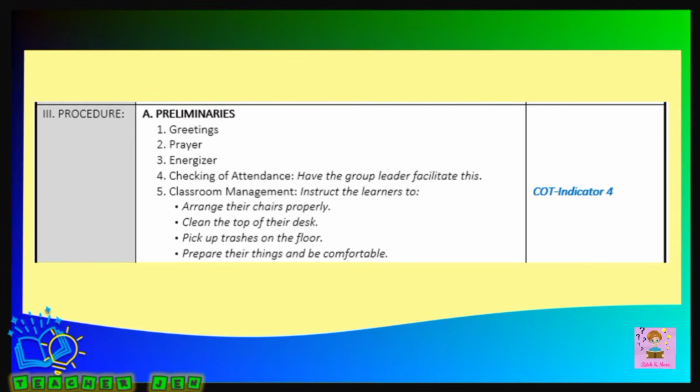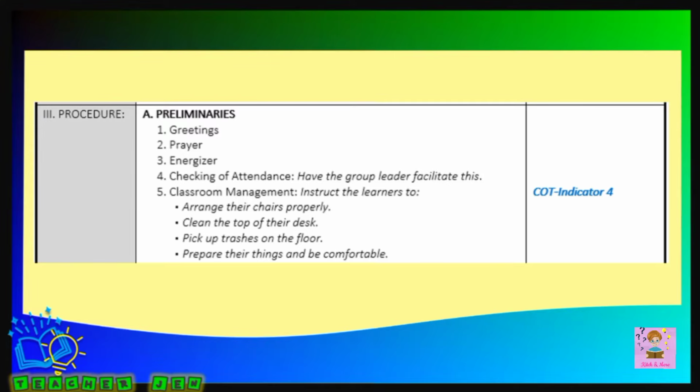Now, in this part of the lesson plan, you can see on the third column my integration of COT indicator 4, which states that managed classroom structure to engage learners individually or in groups in meaningful exploration, discovery, and hands-on activities within a range of physical learning environments.